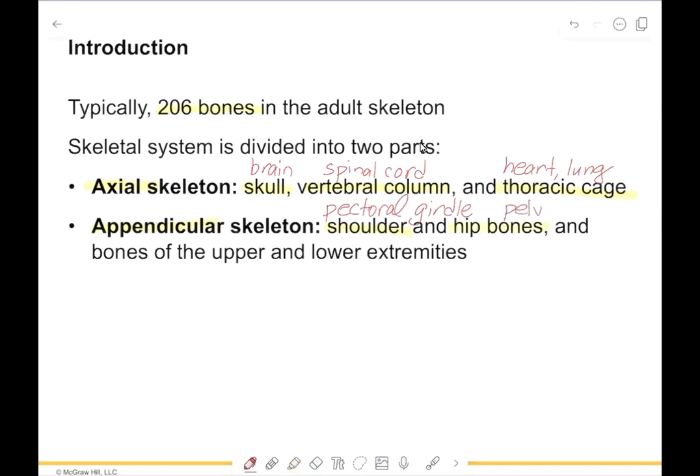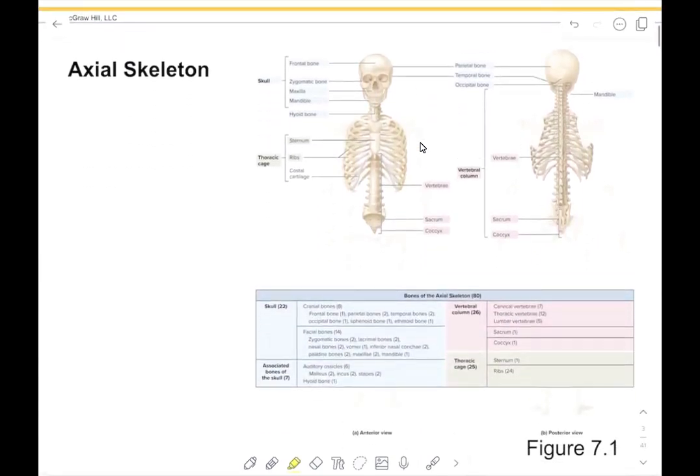This is called the pelvic girdle, and also the rest of the limbs in the lower extremities. So the upper and lower extremities are all in the appendicular skeleton.